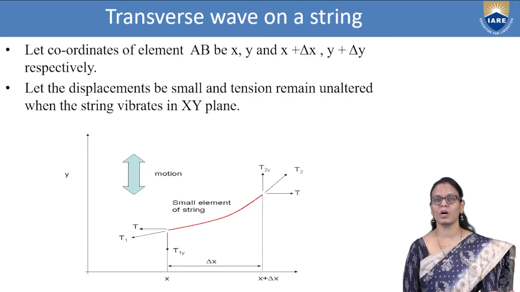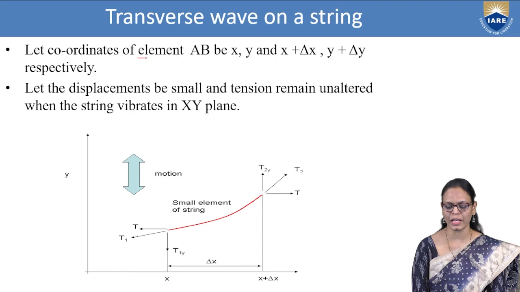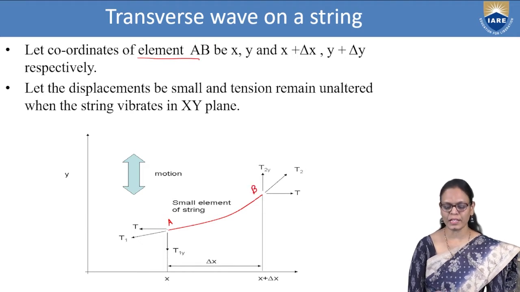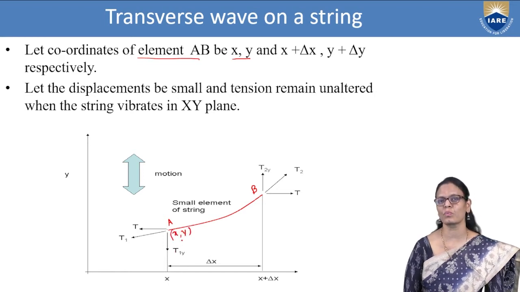Now let us see the coordinates of the element AB. We have considered element AB, a very small element AB. Now let us write the coordinates of A as x, y. The x coordinate is x, the y coordinate is y.